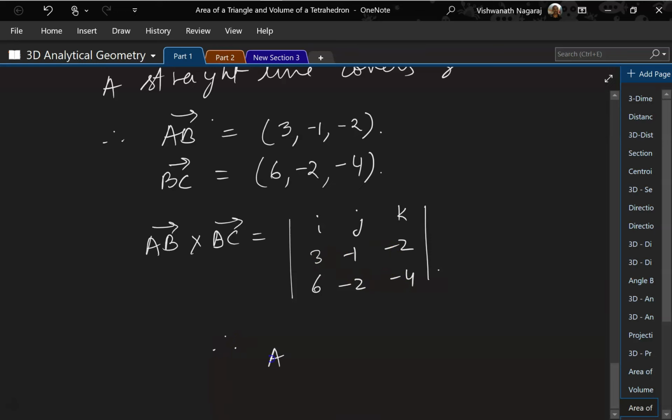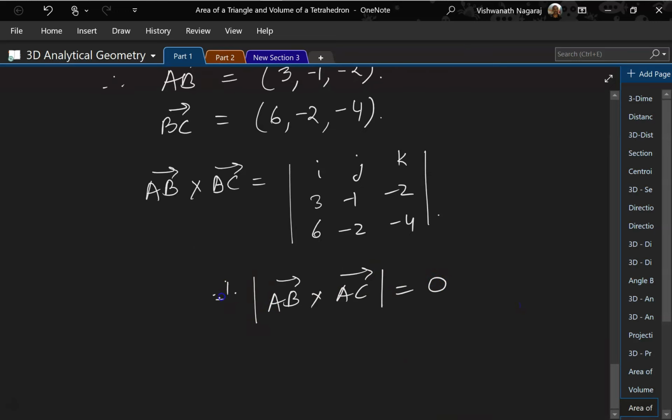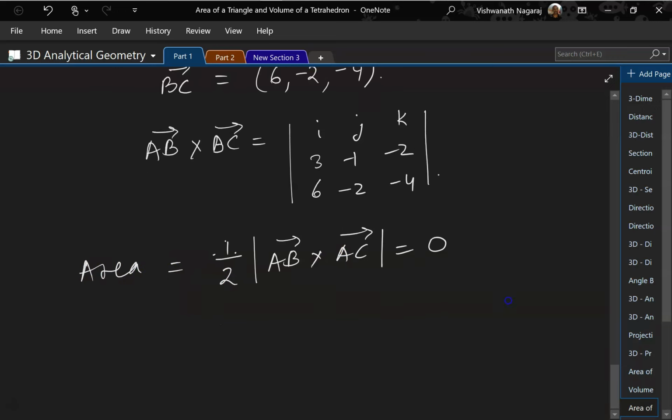So therefore, AB cross BC is equal to 0. Now, if this is 0, the magnitude is 0, which means that half of that will also be 0, right? So area is equal to 0. So therefore, we can say A, B, C are collinear.